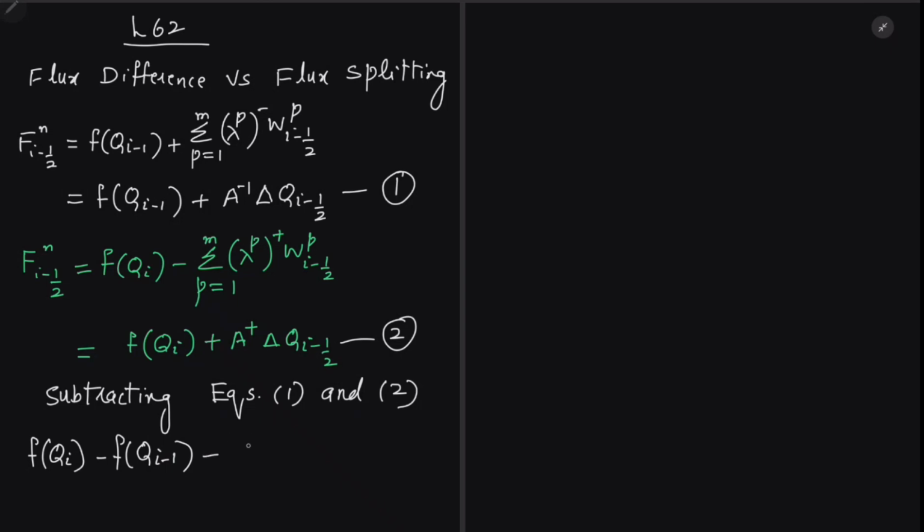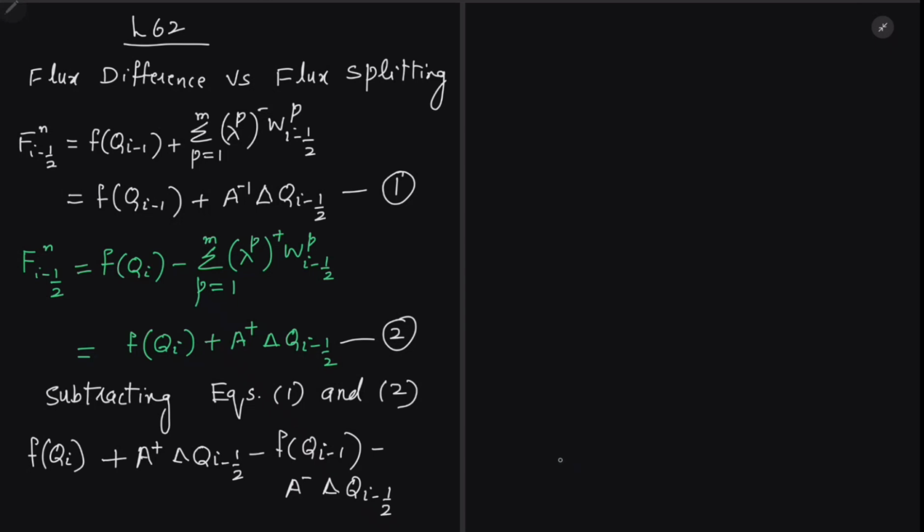First of all, it should be plus a plus delta q i minus 1 by 2 minus f of q i minus 1, plus, it should be minus a minus delta q i minus 1 by 2.